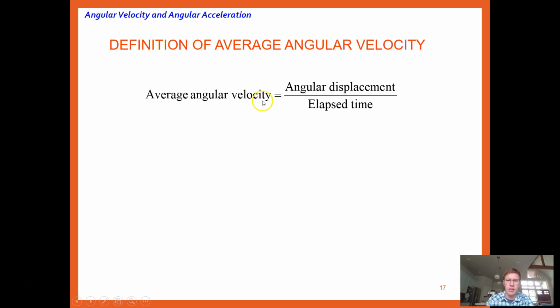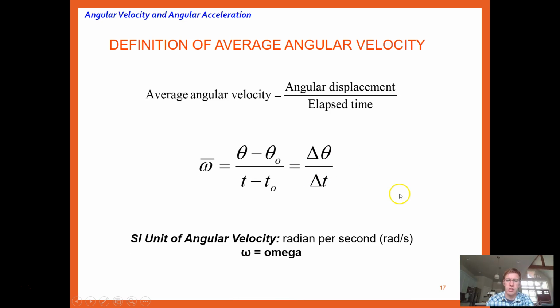So angular velocity, as you might have guessed, just like linear velocity, is just displacement over time. But now you have angular displacement over time. So average angular velocity is just your change in angular position, also known as angular displacement, divided by the change in time. And the units, as you probably could have guessed, are just radians per second.